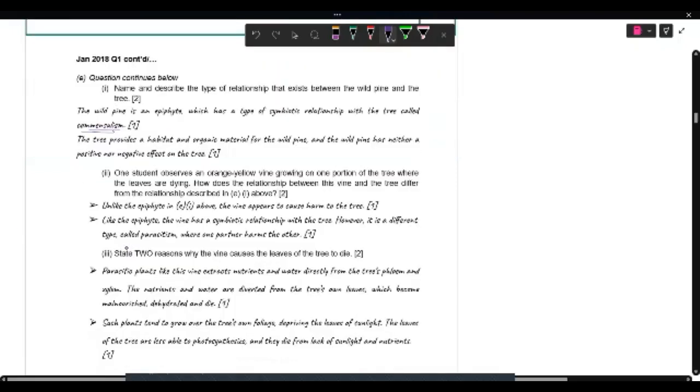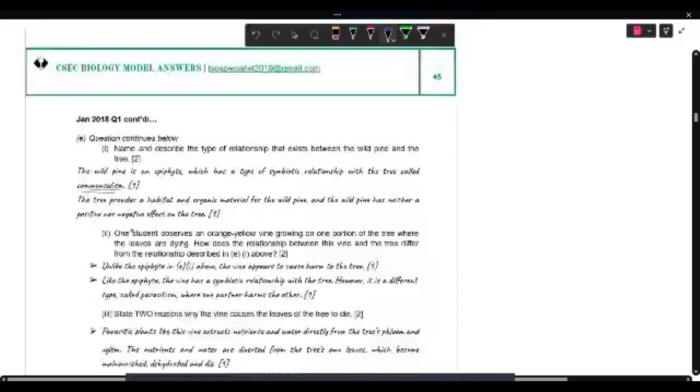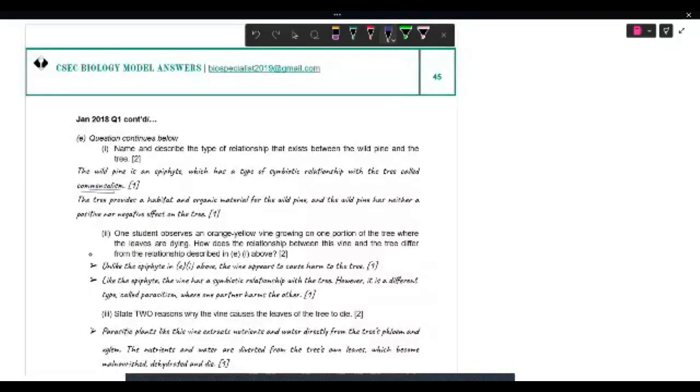And the next part, they're providing another situation. There's another type of organism that's observed. It's an orange-yellow vine, and it's growing on one part of the tree. And that part of the tree, the leaves are dying. So now we're seeing a negative impact, yeah?